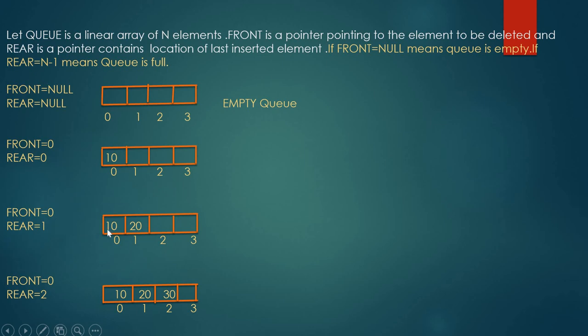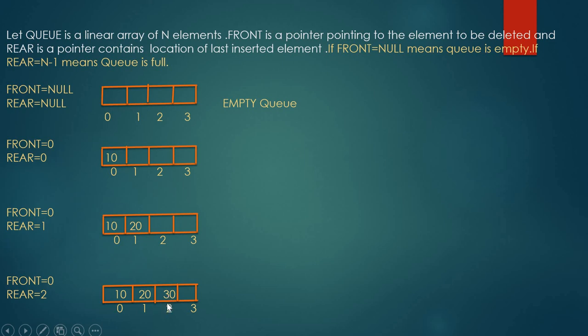Now the rear pointer is 1. At that position 1, you insert the element 20. And next, to insert the next element, first we change rear to rear plus 1, and at rear, that is position 2, we insert the element 30.